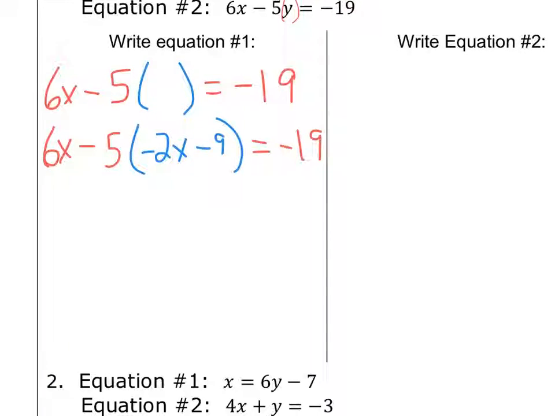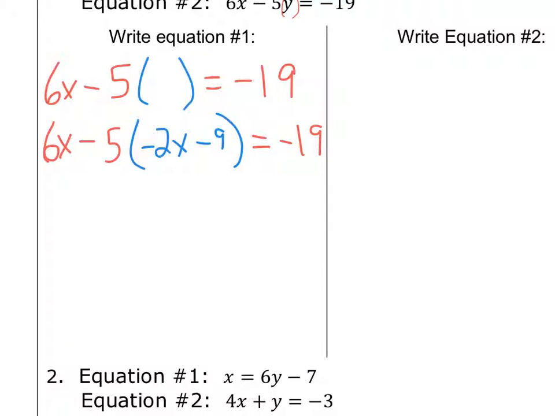Okay, so now we're just going to go ahead and get this solved down. So the very first thing we've got to do, remembering our solving, is we're going to have to distribute. We're going to have to distribute this -5 times each guy inside my parentheses. So let's bring down our 6x. Then we have -5 times -2x is positive 10x.